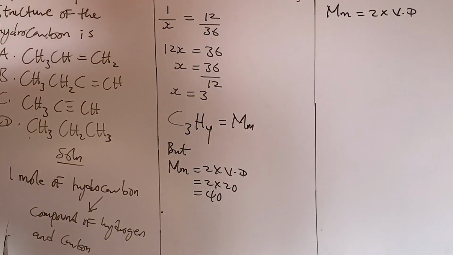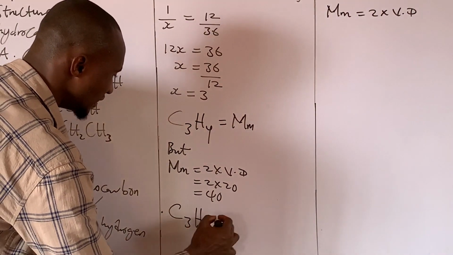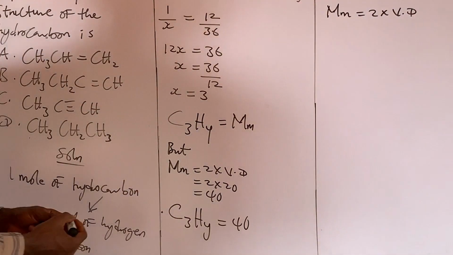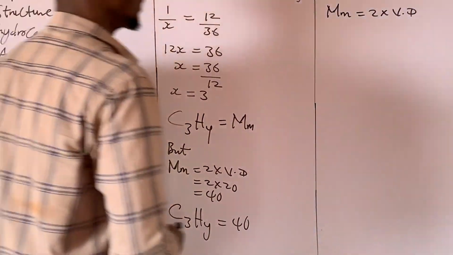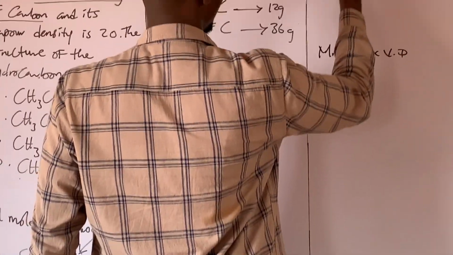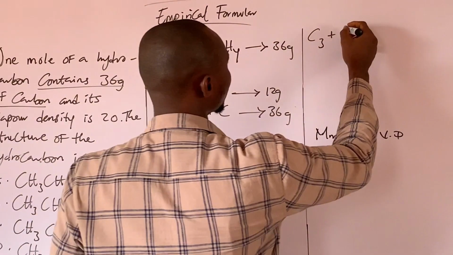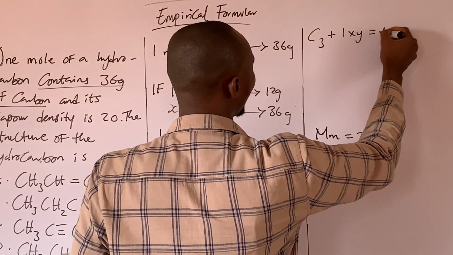So I will say C3HY equals 40. That is C3 plus the mass of hydrogen, which is 1, times y, equals 40.